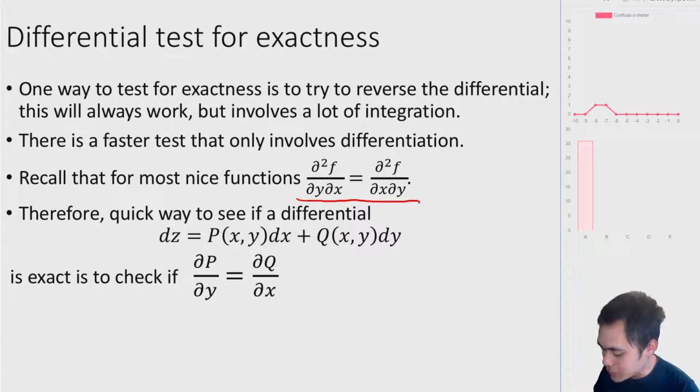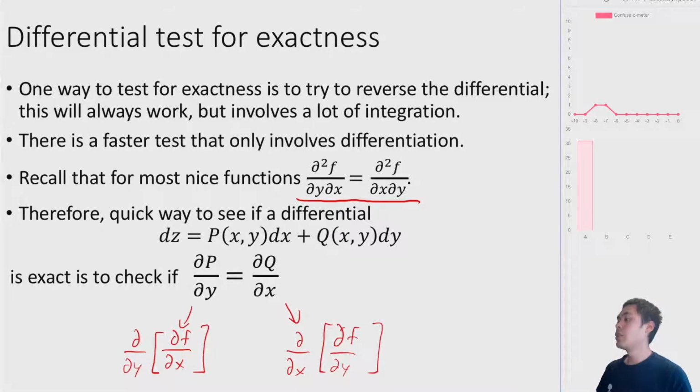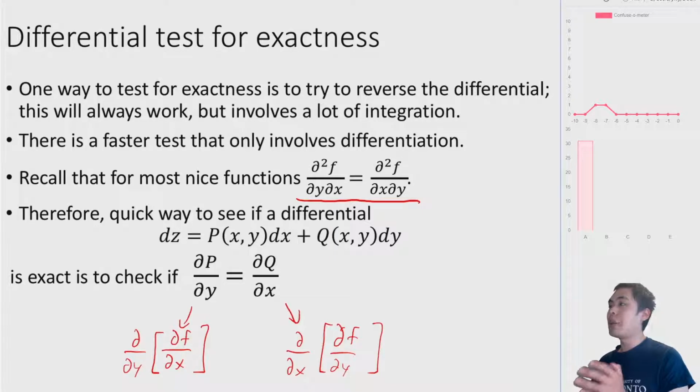The reason this works is because this thing here is del y of del f del x, and this thing here is del x of del f del y. So this is just another quicker way of figuring out whether or not a differential is exact.